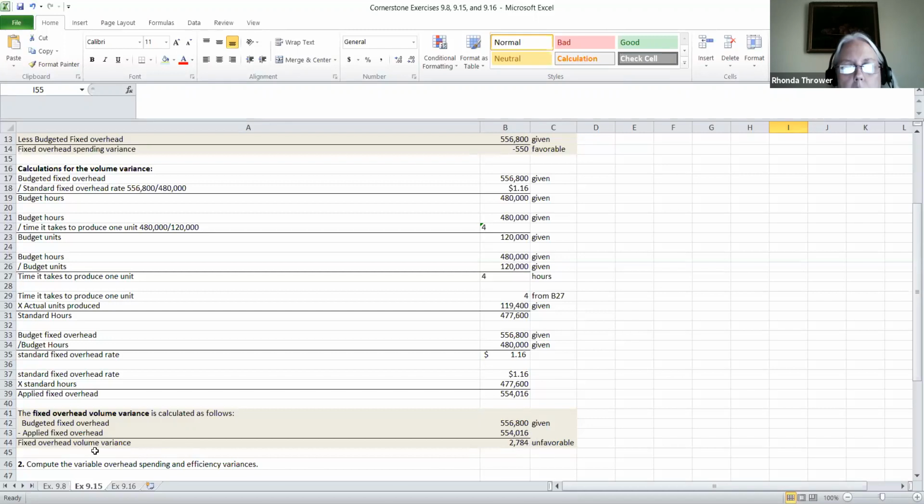So when we talk about a volume variance, we're usually talking about the units produced. So what this means, since it's unfavorable, is that we produced less than what we originally had anticipated.